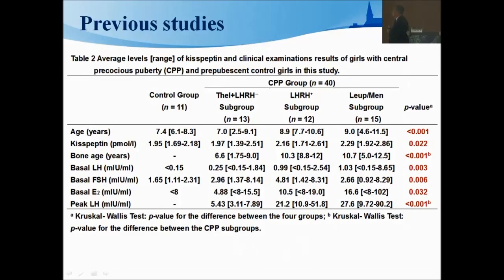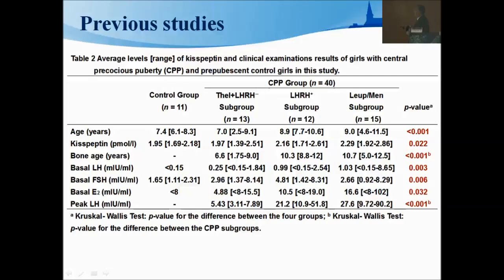We divided all the CPP group into 3 subgroups. The first one is the low puberty level, where the LHRH test is negative, and the second group is LHRH positive.